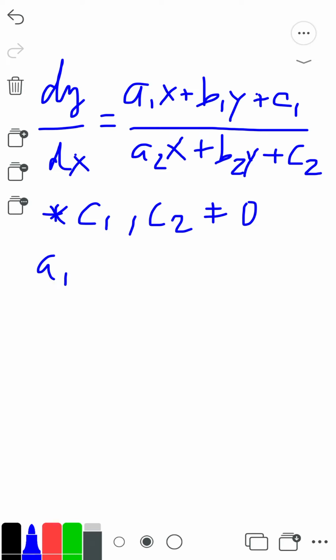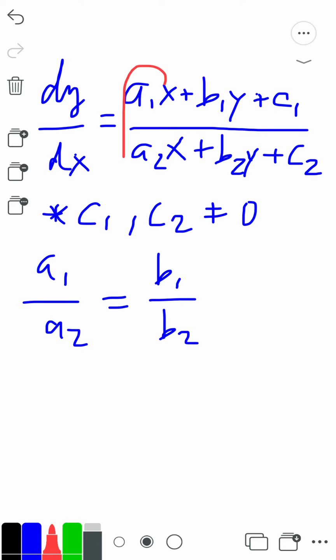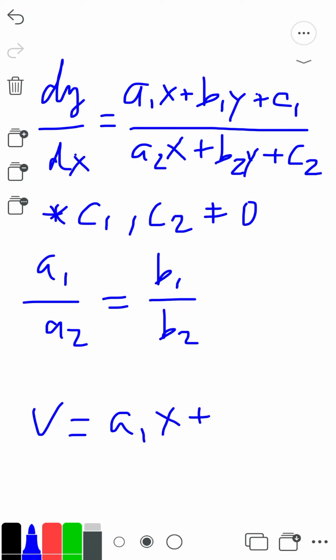When a1 over a2 equals b1 over b2, the ratio of the coefficients for x and y are equal, then we substitute v is equal to a1x plus b1y plus c1.